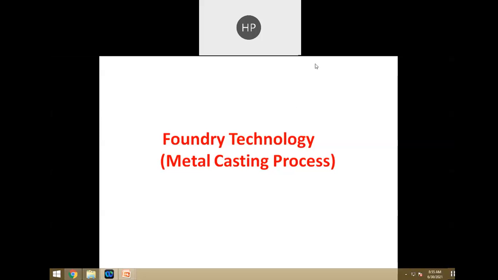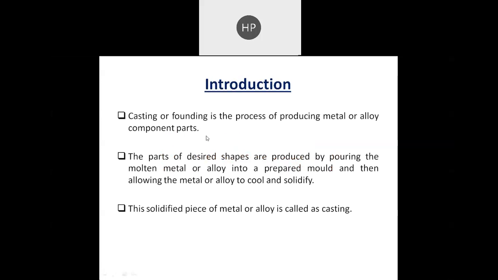So in the past few lectures in manufacturing technology, we have been talking about foundry technology, which is also known as the metal casting process. In that, we have talked about the basic introduction of the casting process.